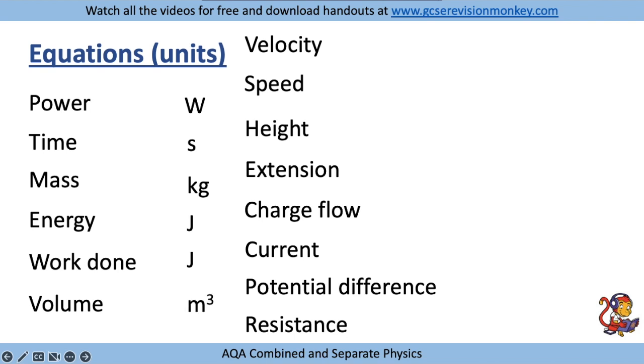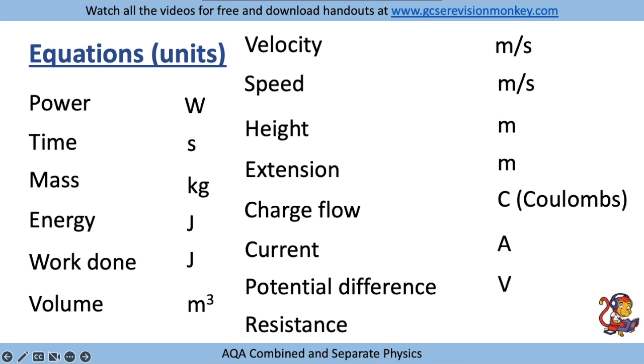Volume in meters cubed, velocity and speed both in meters per second, height and extension, as they're both measures of distance, are meters. Charge flow is coulombs, current is amps, potential difference is volts, and resistance is ohms.